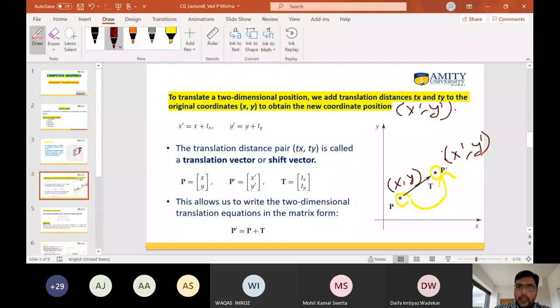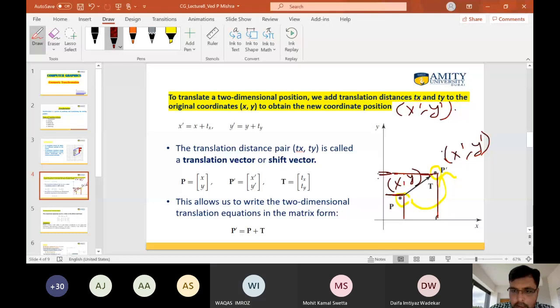If you look at the coordinates from here, this was x and this was y. Now this is x dash, this is y dash.